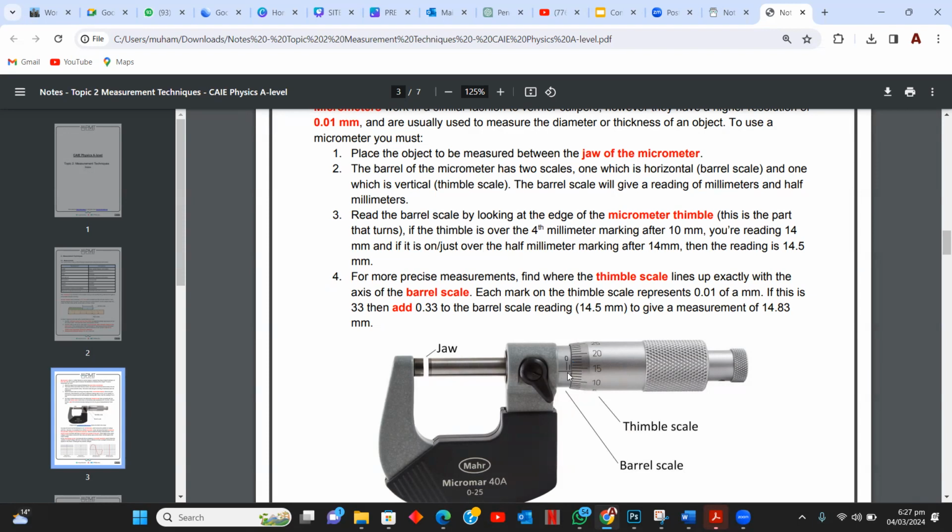So this is the fourth millimeter mark which is over there, and the mark that you can see before the thimble scale covers it. So fourth millimeter mark, and then you see कि कौन सा mark from all of these aligns with the horizontal line of your barrel scale, and that appears on the thimble scale.